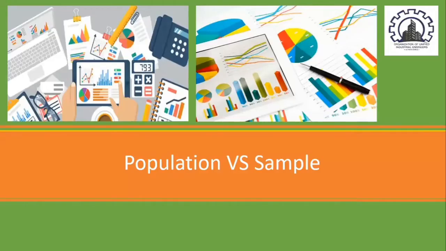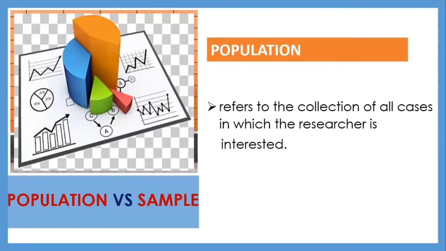All right, so moving on to population versus sample. So what is the difference between the two? If we say population, it refers to the collection of all cases in which the researcher is interested. In its general sense, this pertains to the totality of objects, animals, persons, materials, happenings, or events under investigation.